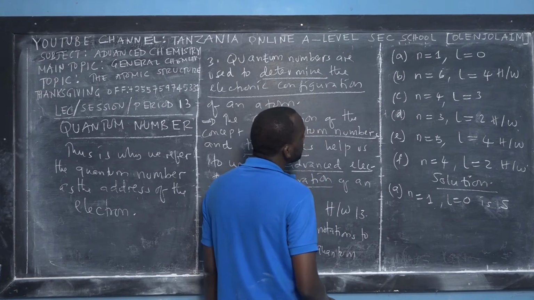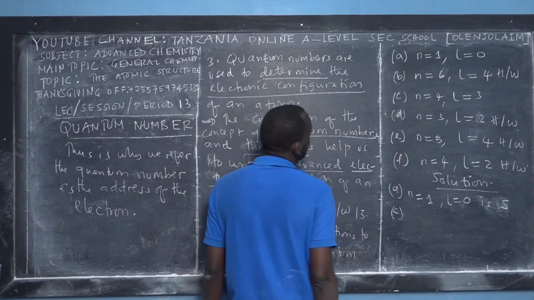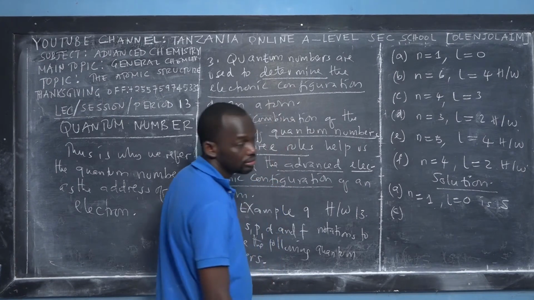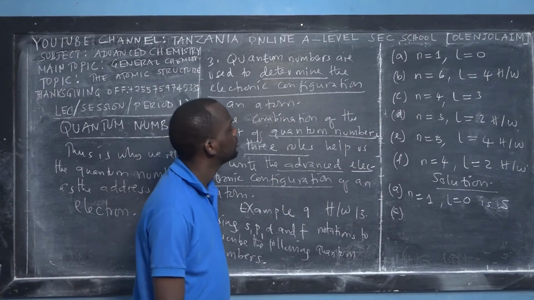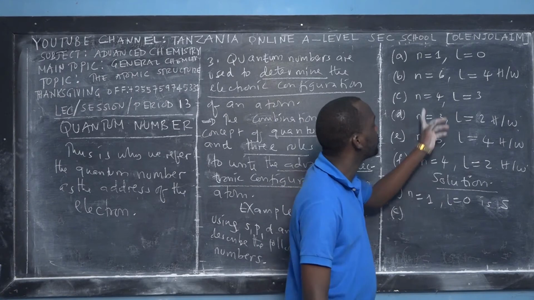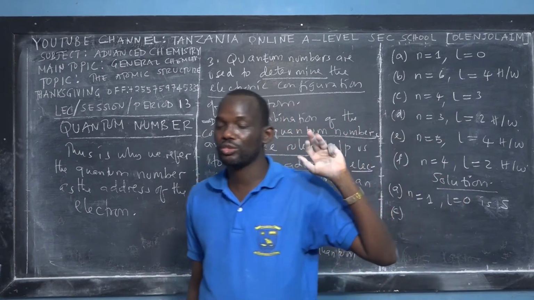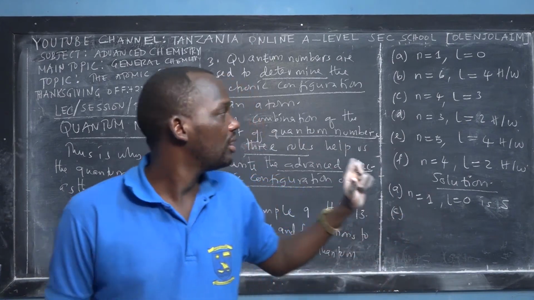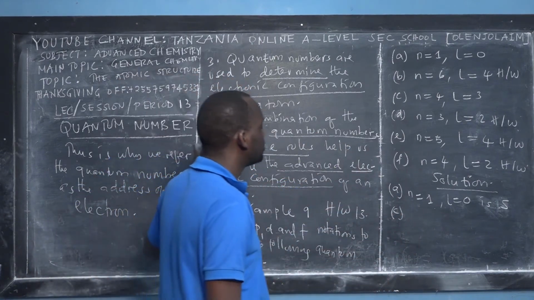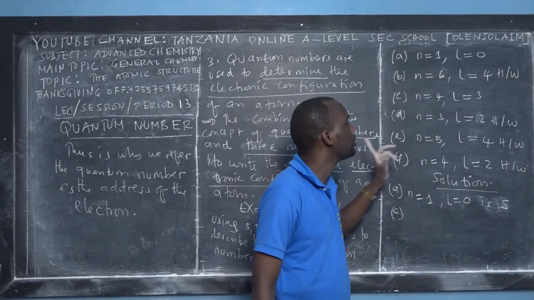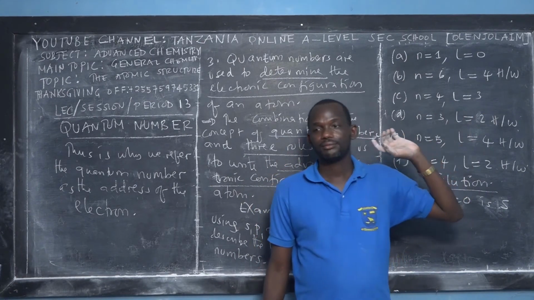Next we have what? C. The principal quantum number is equal to 4. Listen carefully. Then how many subsidiary quantum numbers can you find? l is equal to 0, l is equal to 1, l is equal to 3. We are not given 2, so we'll be given 1. l is equal to 3. Right?